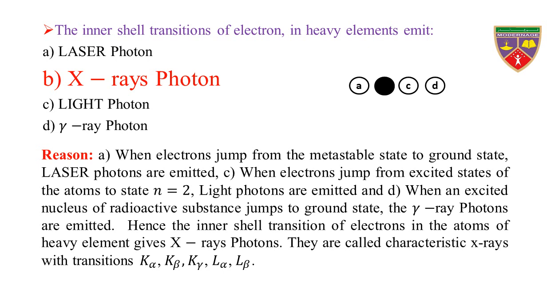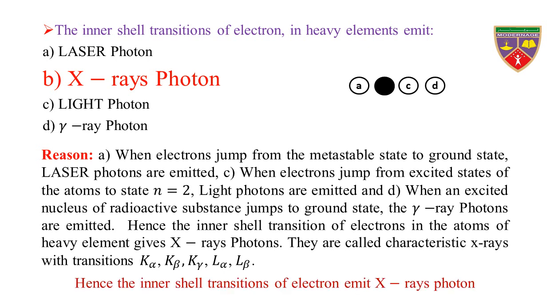Hence, the inner shell transitions of electrons in the atoms of heavy elements give X-ray photons. They are called characteristic X-rays with transitions K alpha, K beta, K gamma, L alpha, L beta. Hence, the inner shell transitions of electrons emit X-ray photons.